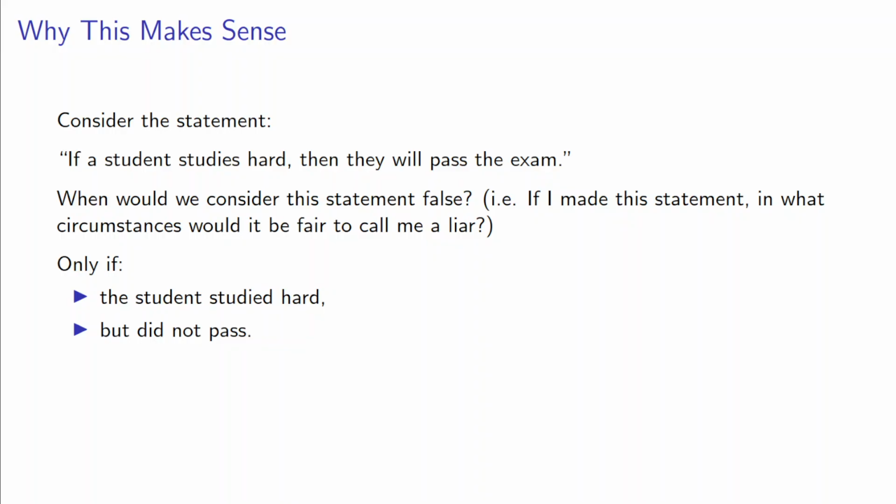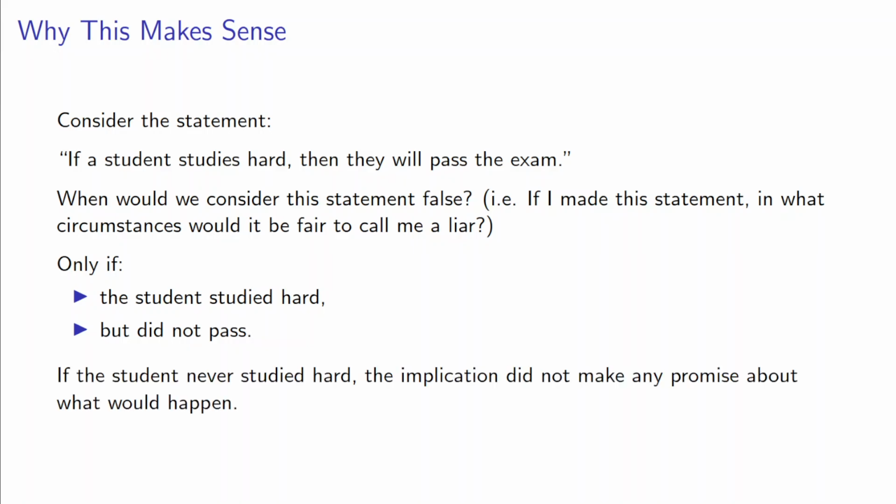If a student doesn't study hard, then it doesn't really matter whether they pass the exam or not. The truth of this statement is not something that you could refute. And if a student studied hard and they pass, then this is true. So the only time you could call me a liar is if a student studied hard and did not pass. Again, if the student never studied hard, the implication did not make any promise about what would happen.